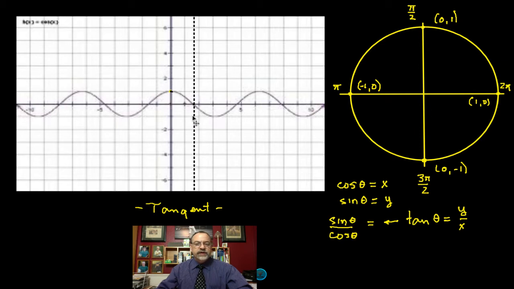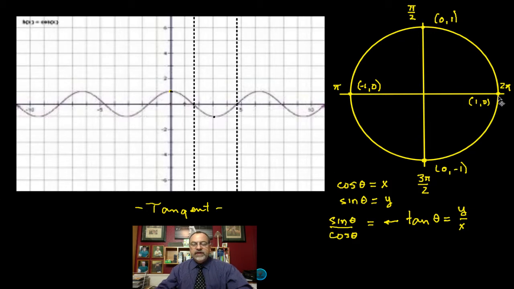Then as we continue with this function, the cosine reaches its minimum here, and that's at the angle pi. When we get back to 3 pi over 2, we have another place where the cosine function is 0, and so we have another asymptote. And again, this is going to repeat.